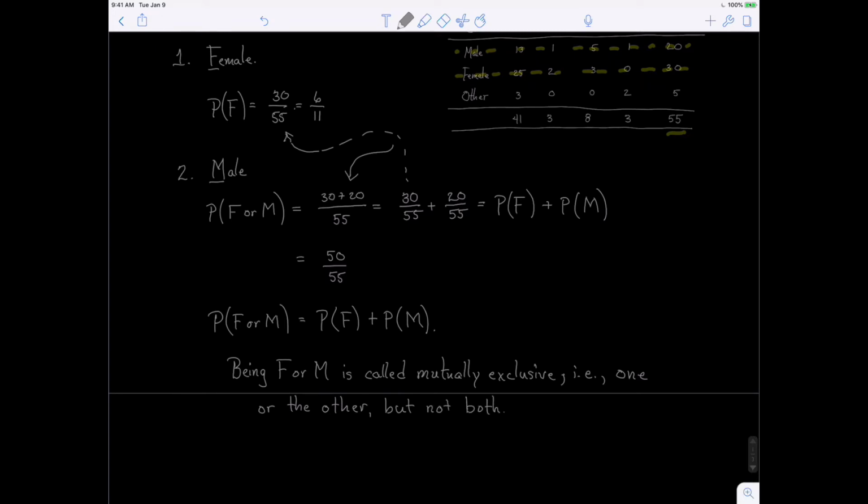And so when the problem is mutually exclusive, it's that simple: just adding the individual probabilities.